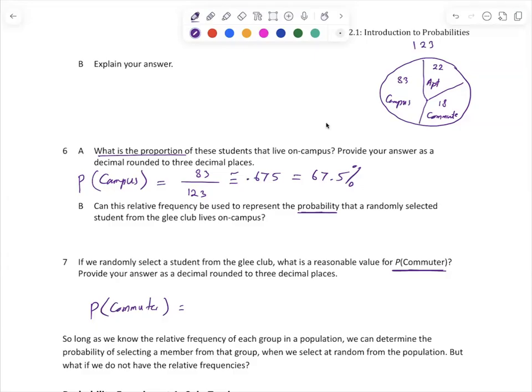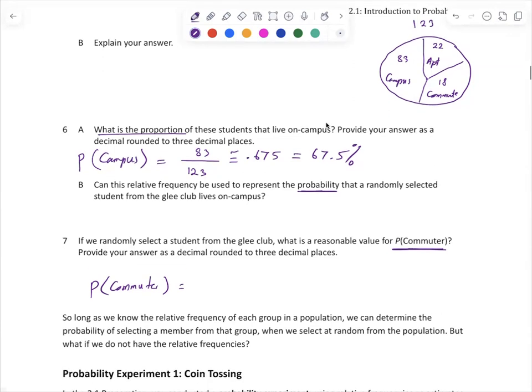You're finding the probability that you randomly select a student and that student in that club is a commuter. Please pay attention to the number of people who commute to college. That goes on the numerator. The number of folks who commute to the college, they are 18, right?